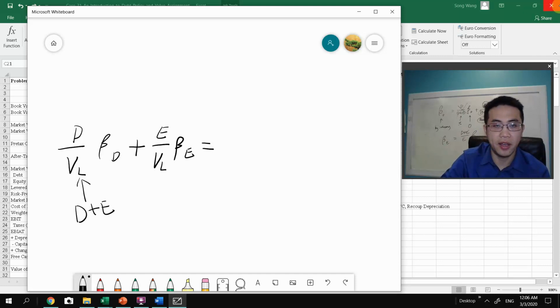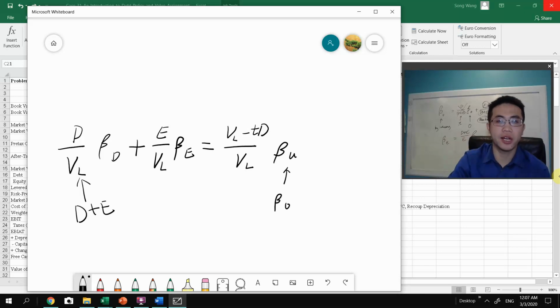And then you have the firm value, which is the value of the levered firm minus the tax times the debt. Okay, and you have value of a levered firm, and this is your beta for unlevered firm, or your beta 0 as I wrote on the board over there.